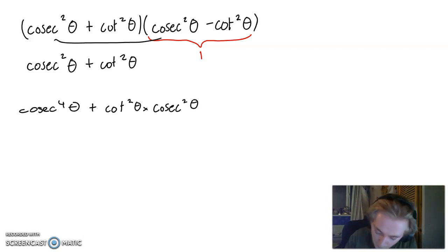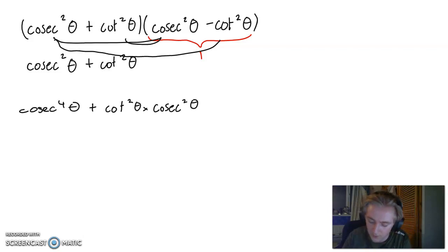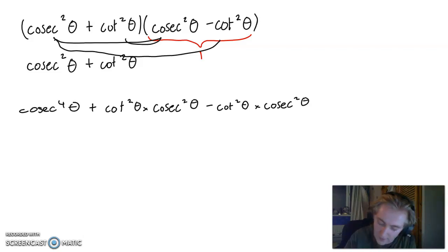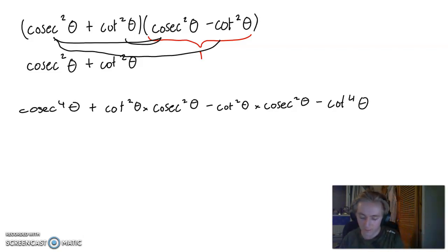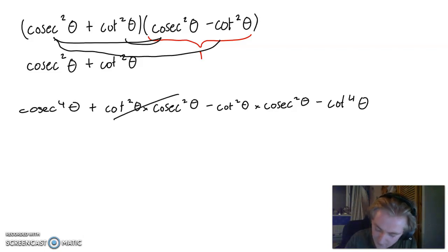Then we have a minus cot squared theta times by cosec squared theta. And then we have the two cots times together, and that's minus cot to the 4 theta. Right? And if you see, these two cancel out, and we're left with what we thought we had. Okay, so that's perfect. We've done it right.